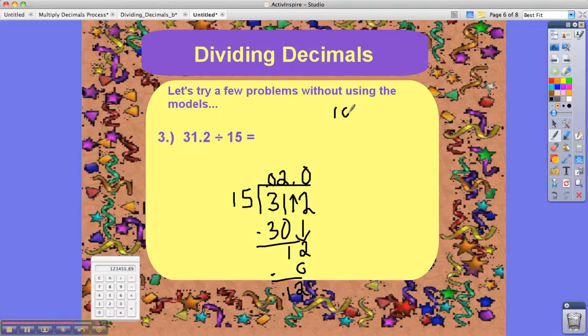For example, if I say I have 16 and 1/10, I can add as many zeros as I want after the decimal and it doesn't change the answer at all. So since my decimal's already there, I can add a 0 at the end of this. So instead of 31 and 2/10, it's 31 and 20 hundredths. It's the exact same thing. I could add a million zeros if I wanted after that decimal, not before the decimal though.